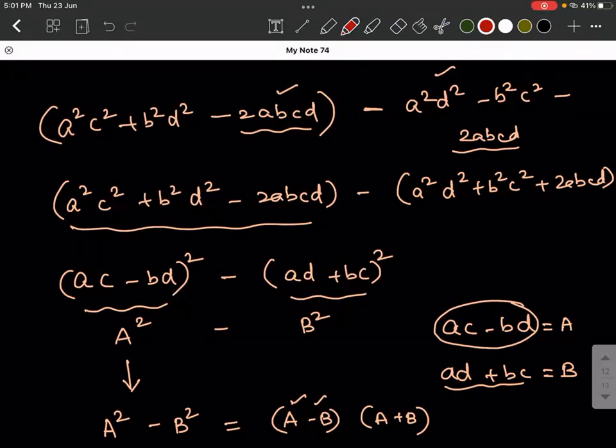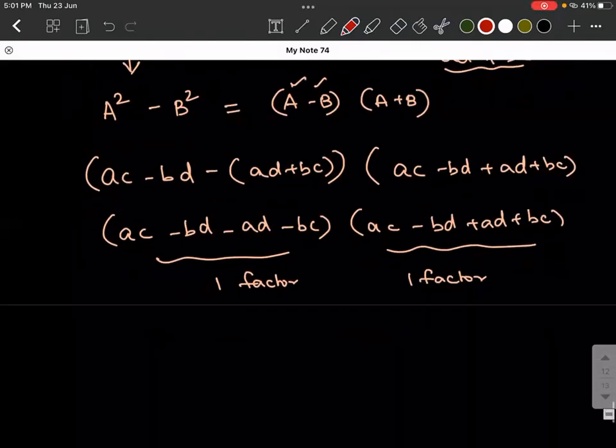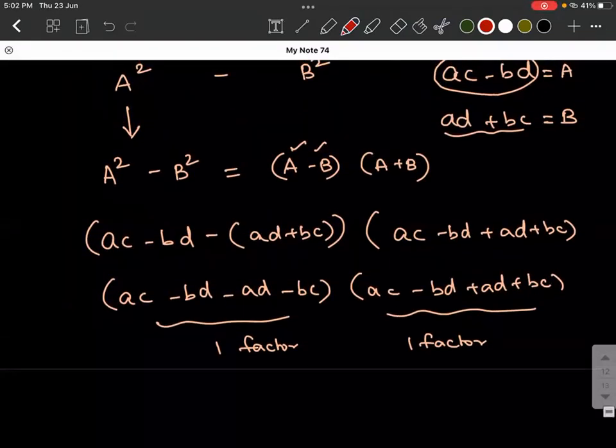So be careful with this minus plus and all. So those who are done, then just try the next one.